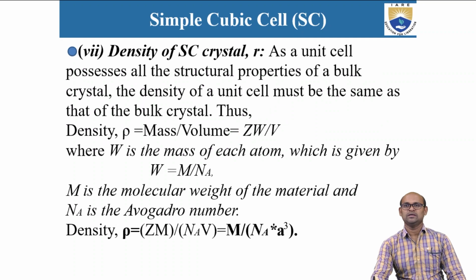The last parameter for the simple cubic unit cell is the density of a simple cubic crystal. As a unit cell possesses all the structural properties of a bulk crystal, the density of a unit cell must be the same as that of the crystal.